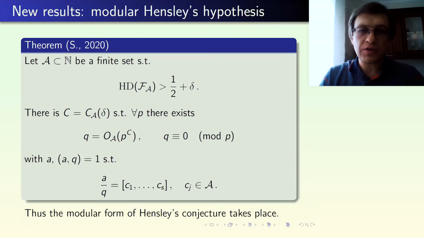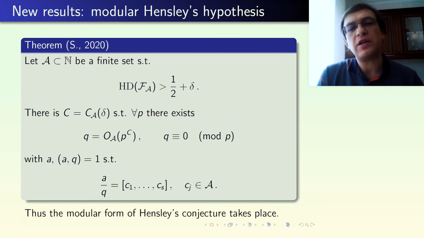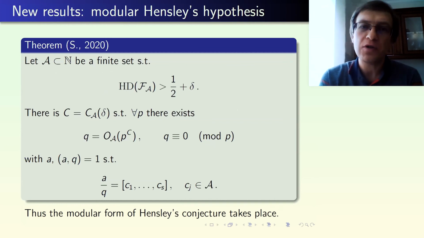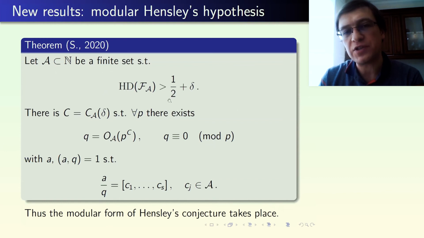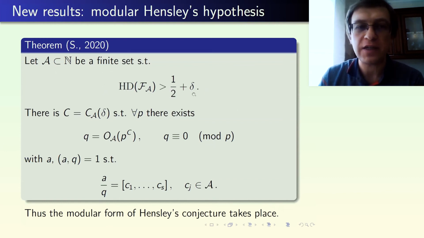Okay, so moreover, this method allows us to obtain the modular Hensley hypothesis. If you have a finite alphabet A and the Hausdorff dimension of the corresponding Cantor set is greater than 1/2 plus delta, delta is positive, then you can find q, which is comparable with p.